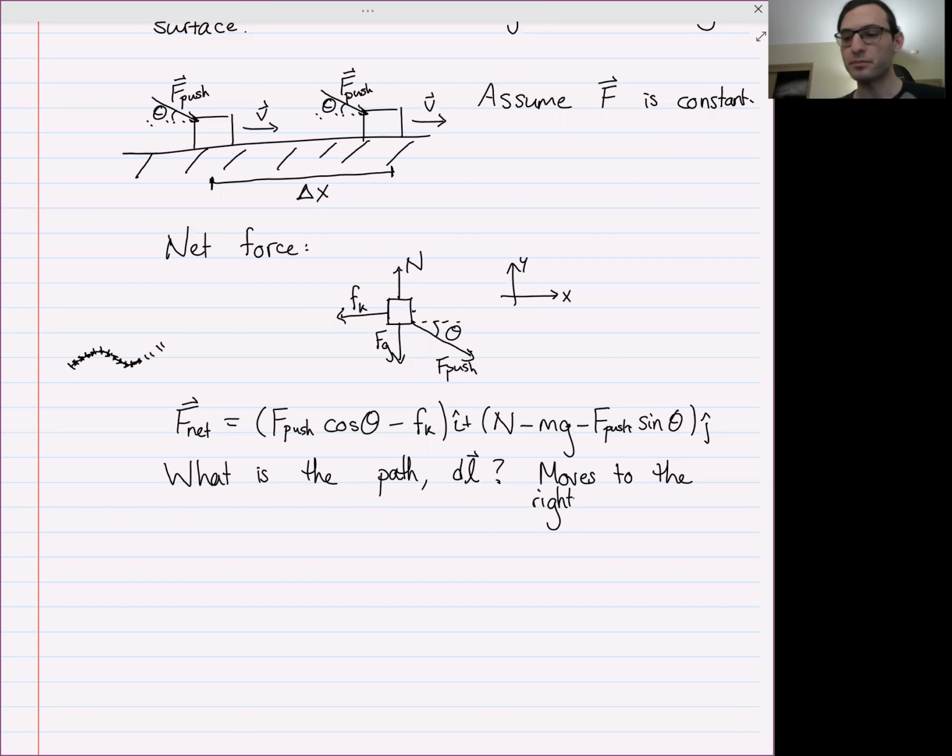So it's a differential, just like dx is a differential in an integral. So treat it as a single thing. It's just DL. DL is a vector, so it has a vector symbol on it.